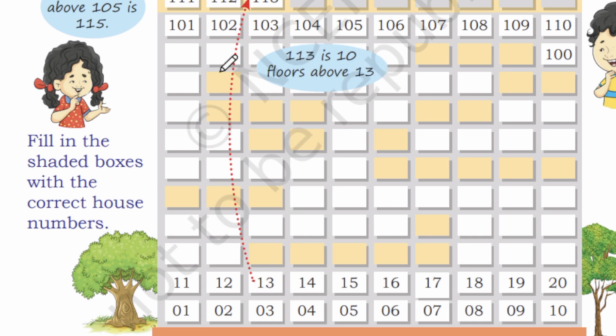If you want to go to 124, from 13 you go to this place, 124. This is the 14th floor, and 124 is 10 floors above the 14th floor.